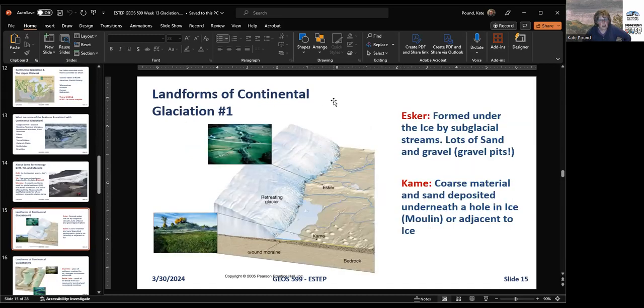So, what are some of the landforms associated with continental glaciation? First of all, eskers. Eskers form under the ice by subglacial streams. So here, in this diagram, we've got ice, and there is a subglacial stream. That means an under-the-ice stream.